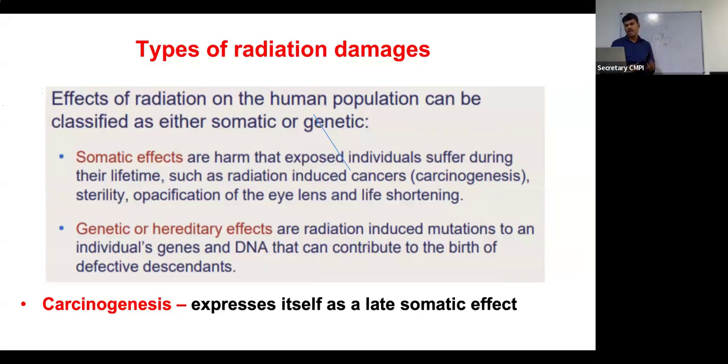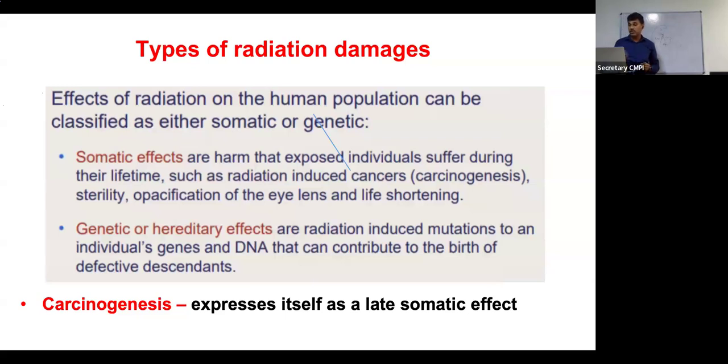Another type of effect is somatic effects and genetic effects. Somatic effects occur if the irradiation happens on somatic cells. Somatic cells are any cells other than germ cells. Germ cells in the human being are sperms or ovum. If any other cells are irradiated, whatever happens, even cell death or chromosomal aberration, it affects that particular individual, and that is called a somatic effect.